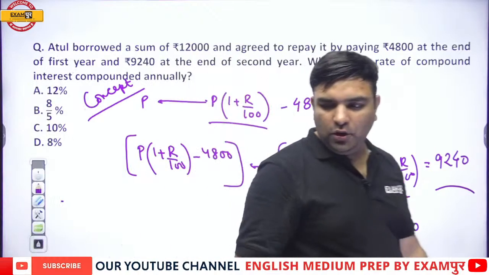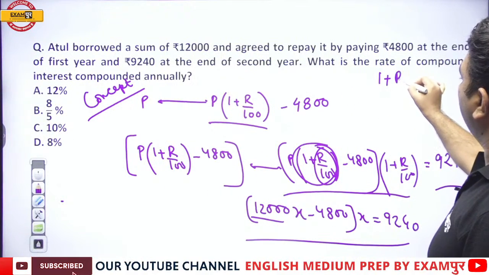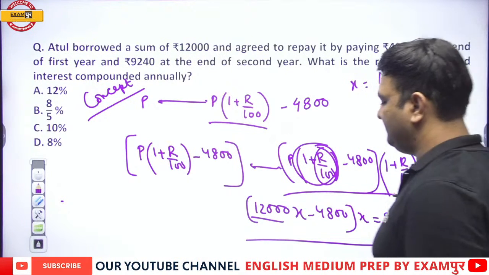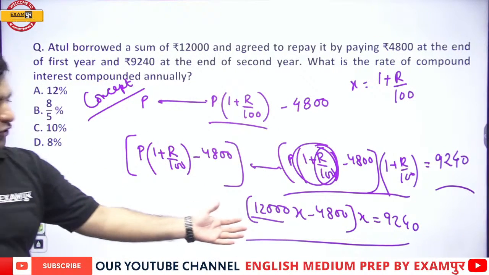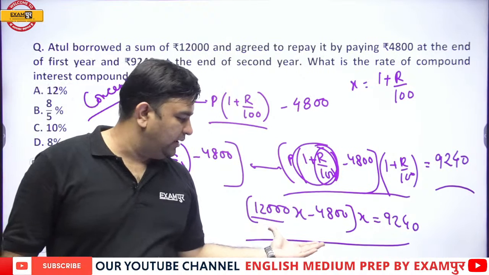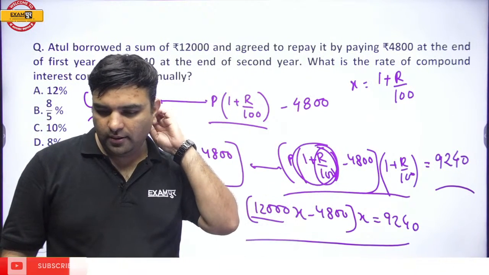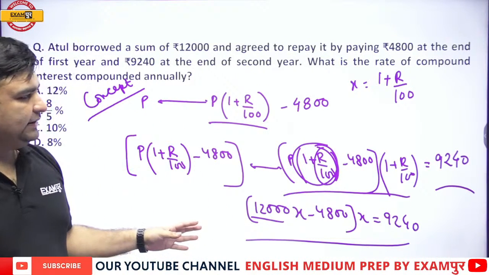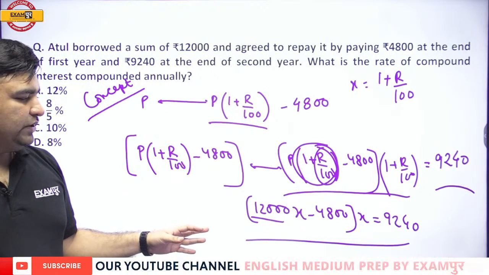Once you find the value of X, it will be the value of 1 + R/100. Could you find the value of X from here? It is quadratic, but a long one. You can take the help of options as well.